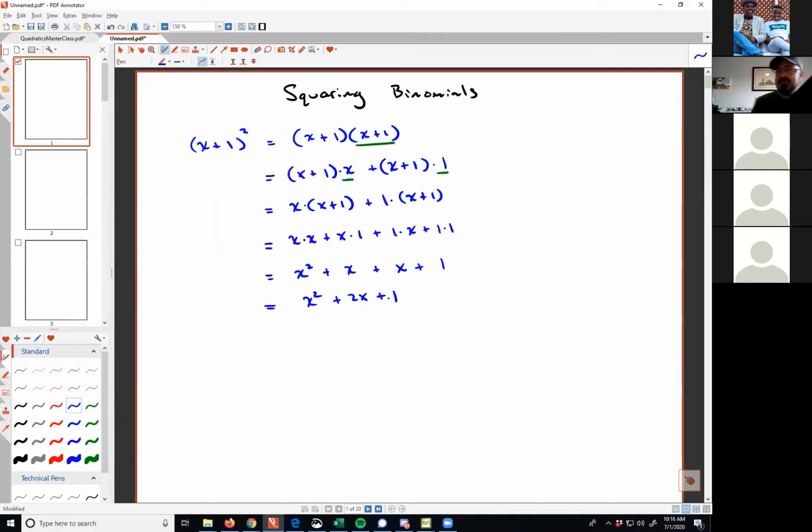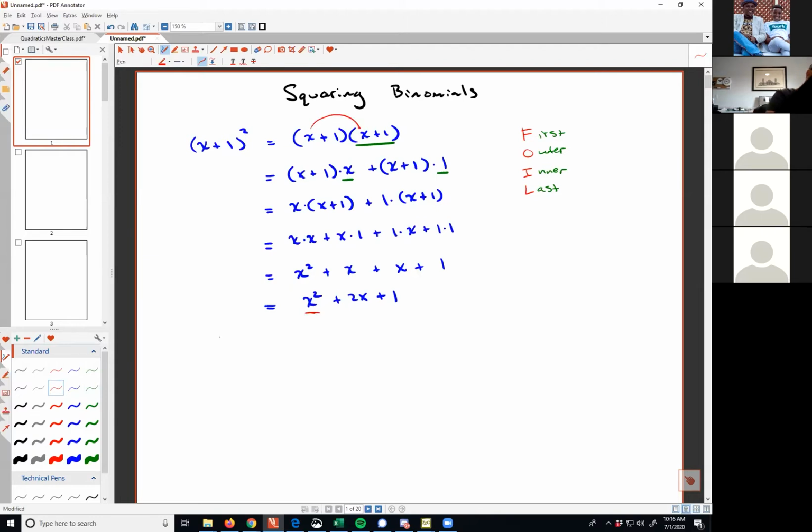So now let's talk about this FOIL. Here's what people refer to as FOIL. It stands for first, outer, inner, last. And what that means is we multiply the first term of each binomial, x times x.